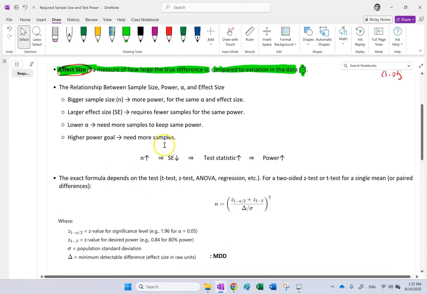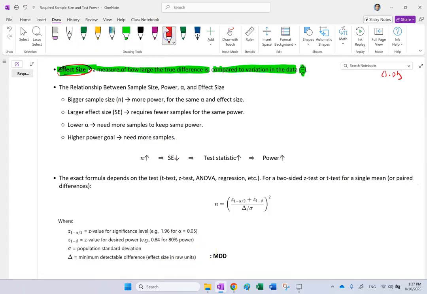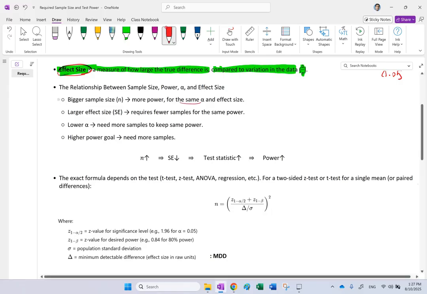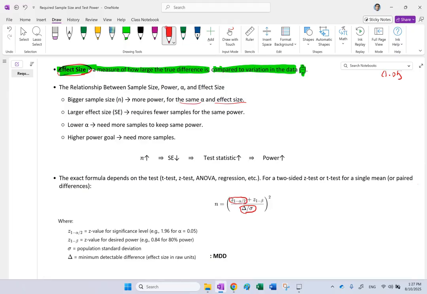First thing is, if you want to keep the same significance level and the same effect size, so you don't want to change this term, if you have a bigger sample size, n goes up, that means this 1 minus beta is going to go up.